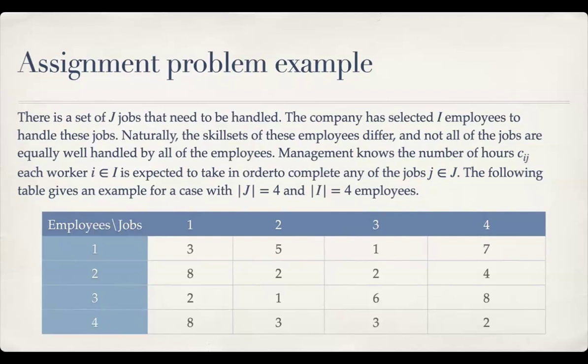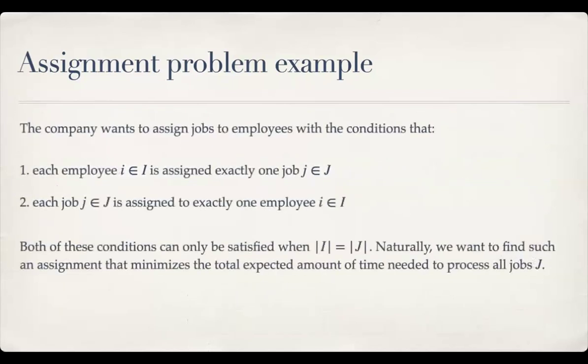So what do we want? The company wants to assign jobs to employees with the condition that, first, each employee is assigned exactly one job, and each job is assigned to exactly one employee only.